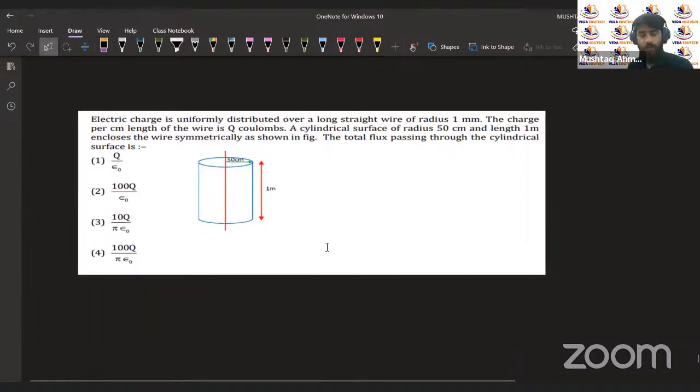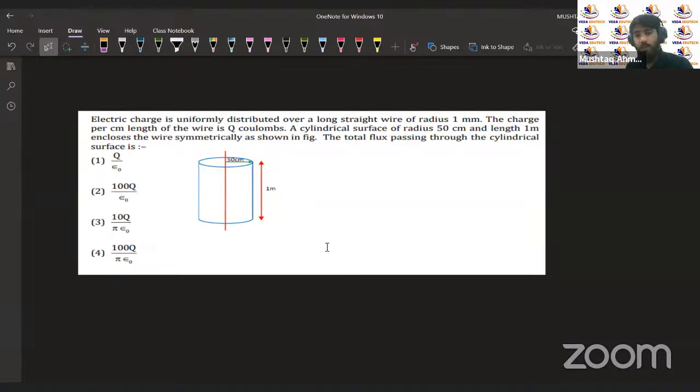Another good question here. This question was asked in NEET a few years back. Electric charge is uniformly distributed over a long straight wire of radius 1 mm. The charge per centimeter length of the wire is q coulombs.